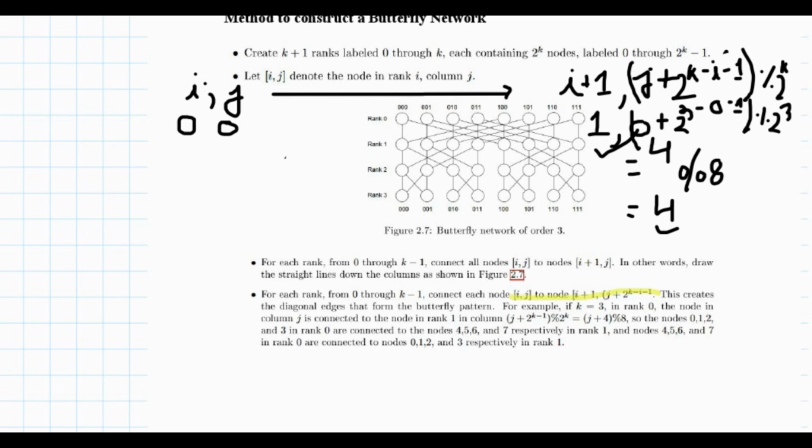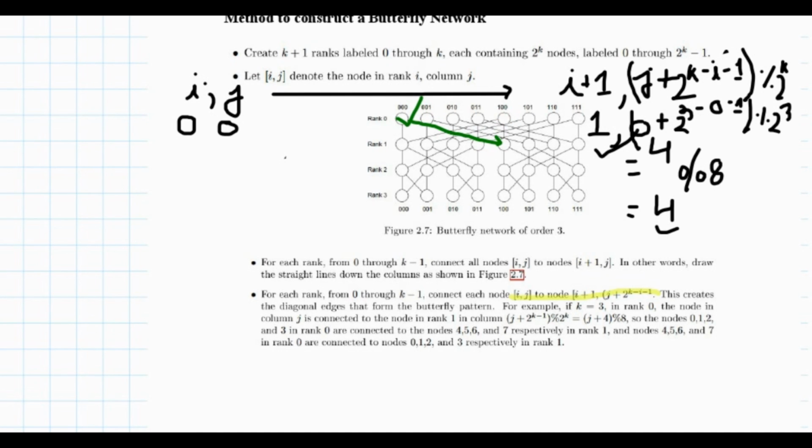You can see in the diagram that the node with rank 0 and column number 0 is connected with the node which has rank 1 and column number 4, 0, 1, 2, 3, 4.